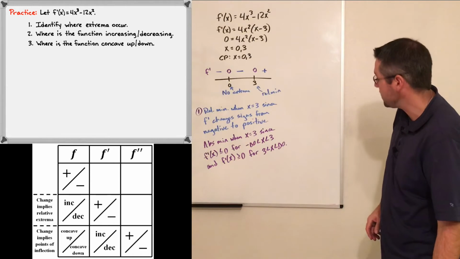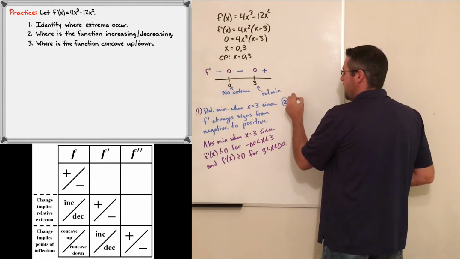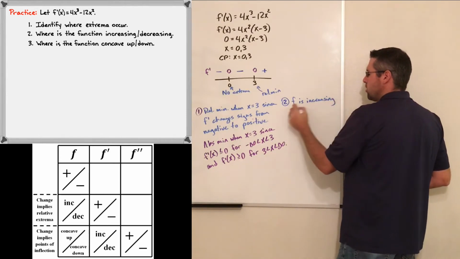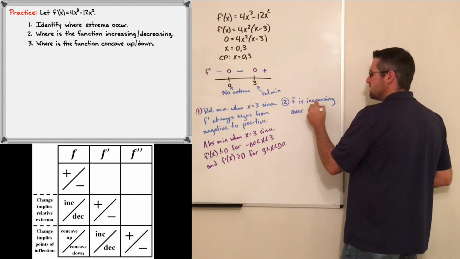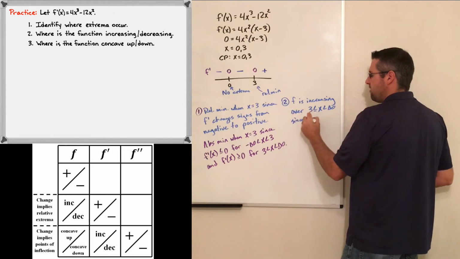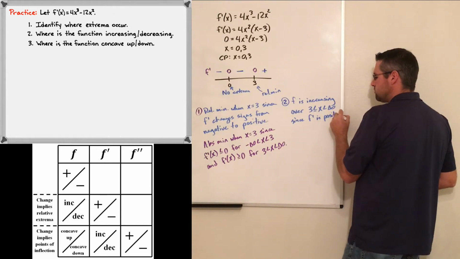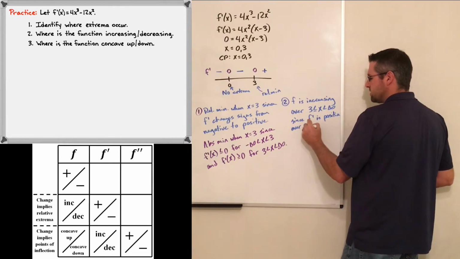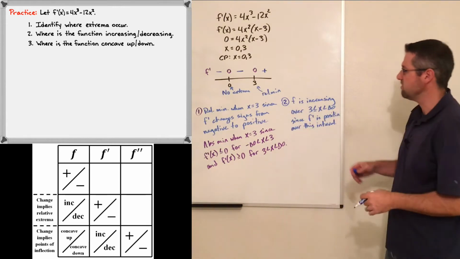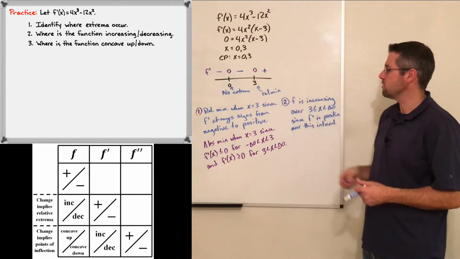So we can conclude pretty easily here that for question number 2, f is increasing over 3 is less than or equal to x is less than infinity, since f prime is positive over this interval. Okay? Now we can say strictly positive, f prime is positive, because it's not equal to any other value or any other sign, or equal to 0 for any value to the right of 3.